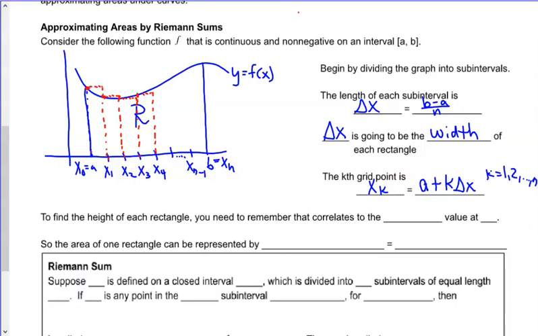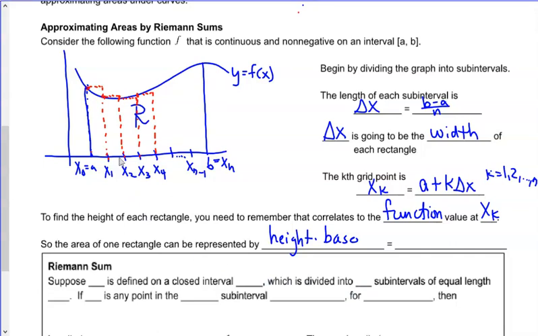How do we find the height of our rectangle? Well, the width comes from b minus a over n, but the height is determined by these grid values on the function. To find the height of each rectangle, you need to remember that it correlates to the function value at x sub k, x sub 1, x sub 2, x sub 3. So the area of one rectangle can be represented by height times base, or length times width, however you want to put it.